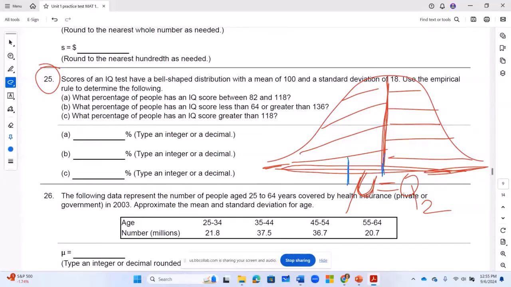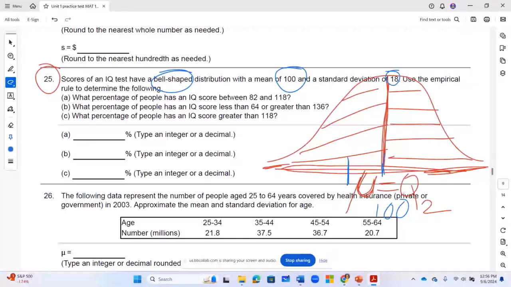Scores on an IQ test have a bell-shaped distribution with a mean of 100. So the mean is equal to 100, and the median will be equal to 100 also. The standard deviation is 18. Use the empirical rule to determine the following.